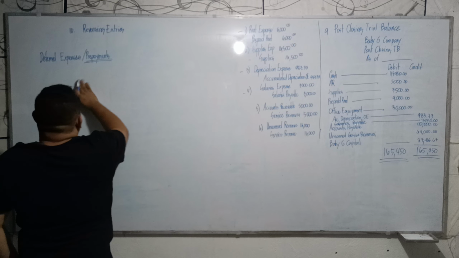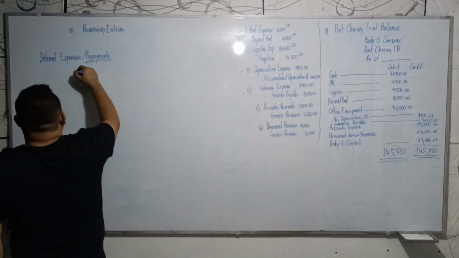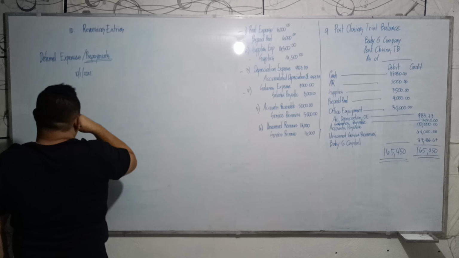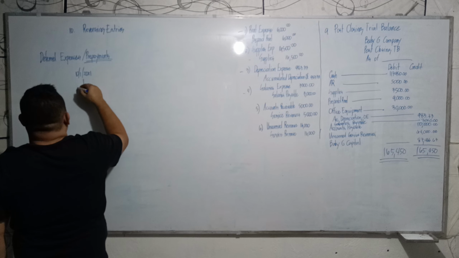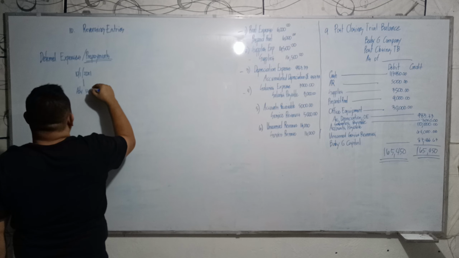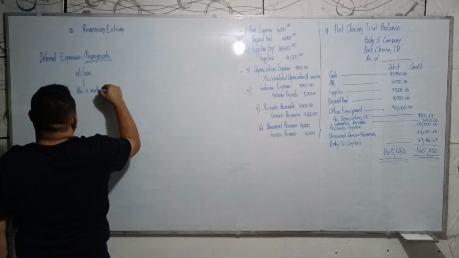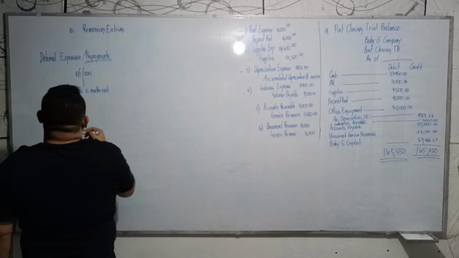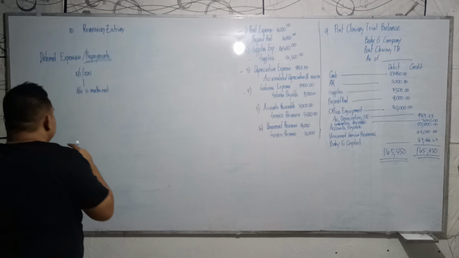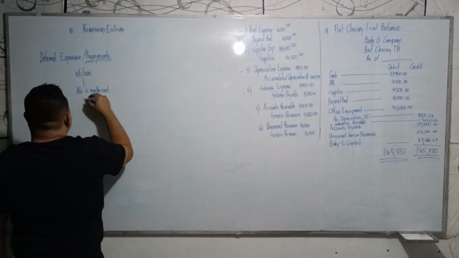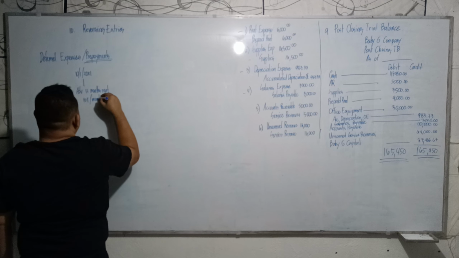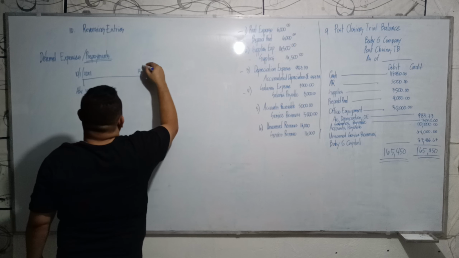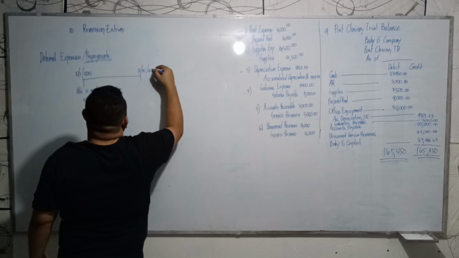Now, let's have an illustration. As I've said, for example, this is October 1, 20x1, and you have paid in advance 12 months rent, and that on this 12 months rent, that's 10,000 per month, and your year end is on 12/31/20x1.